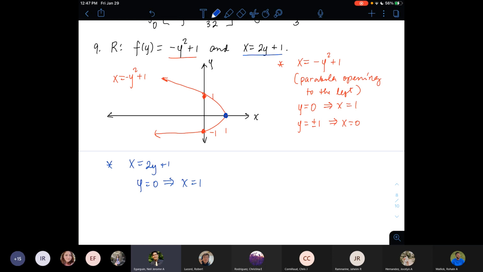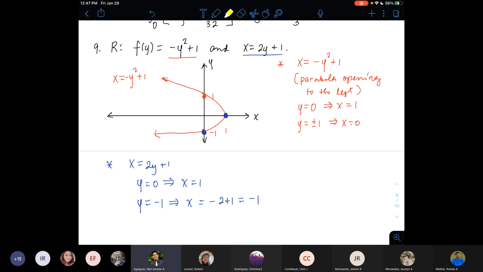Then another is if I let y be equal to any number that you like, actually. If y is -1, then what do we have as x? x would be -2 plus 1, that will be equal to -1. Oh, I'm lucky that that's another point of intersection.